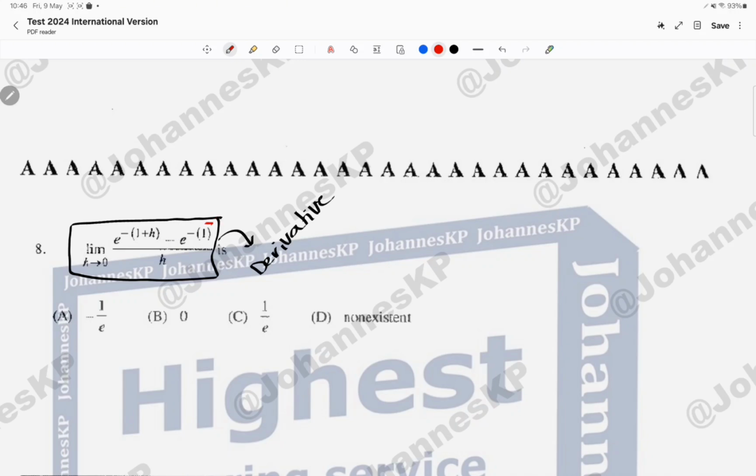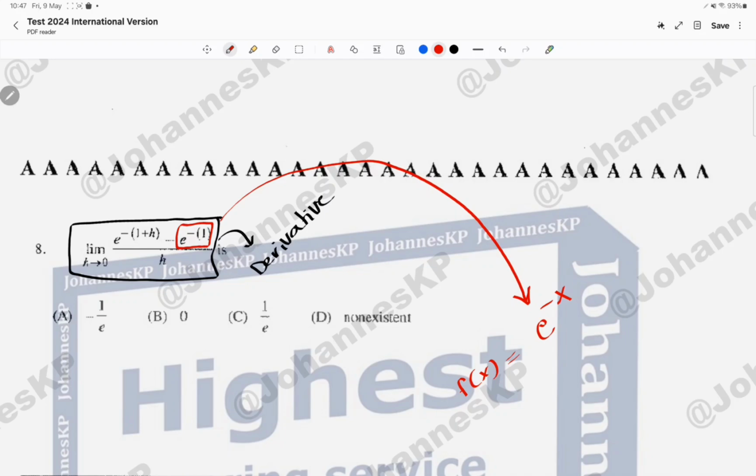You always look at the last part, which is this one. So you're going to have e to the power of negative x, because the x was a 1. That's why here there's a 1. Could be a 2, could be a 3. That is your function.